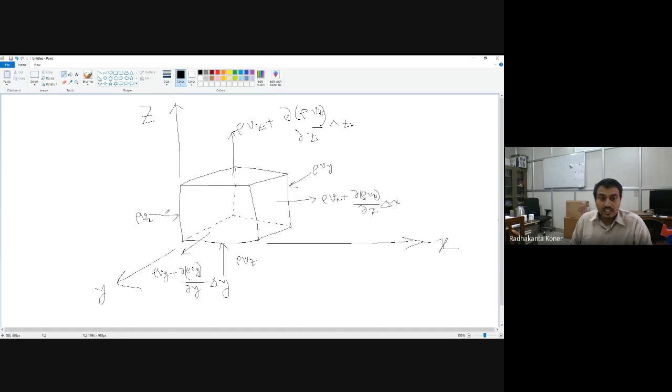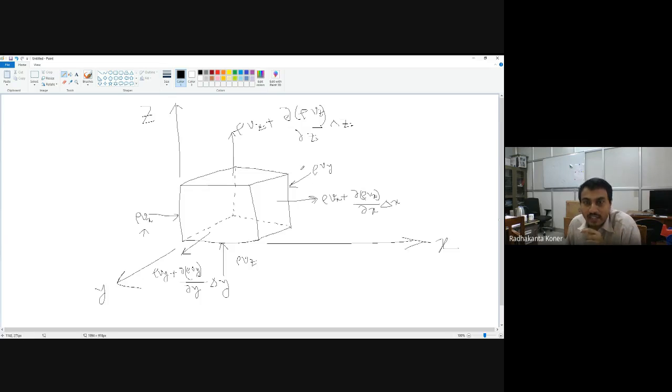Okay. In this x direction, this amount of flow is in, meaning let in inside this block. This amount is flow out. So the difference between these two is the net gain in this block in the x direction. Similarly for the z, this is in and this is out, so the difference is the net gain in the z direction.